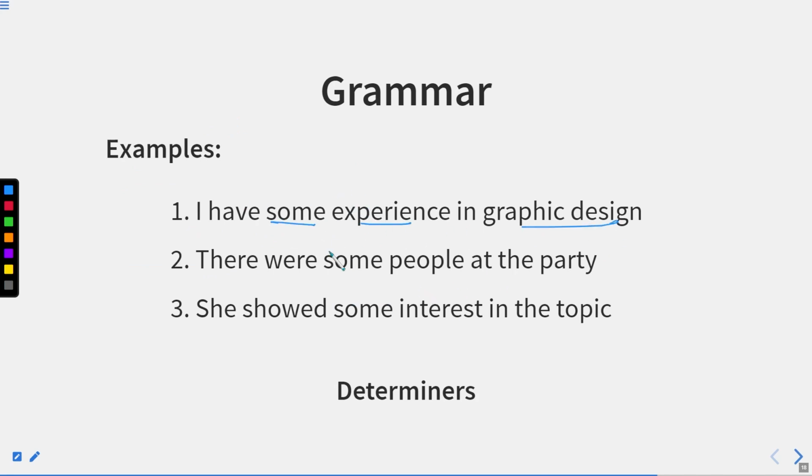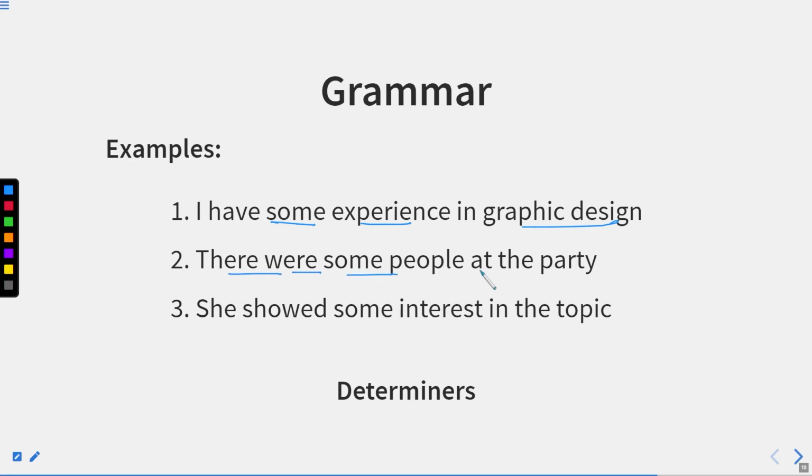So some experience could be some months, some years, maybe only a few days, but that is not specific. We don't know exactly how many years or days or months of experience one has.